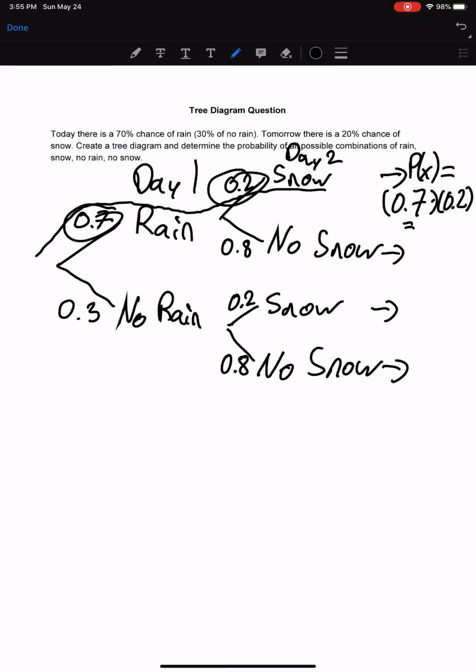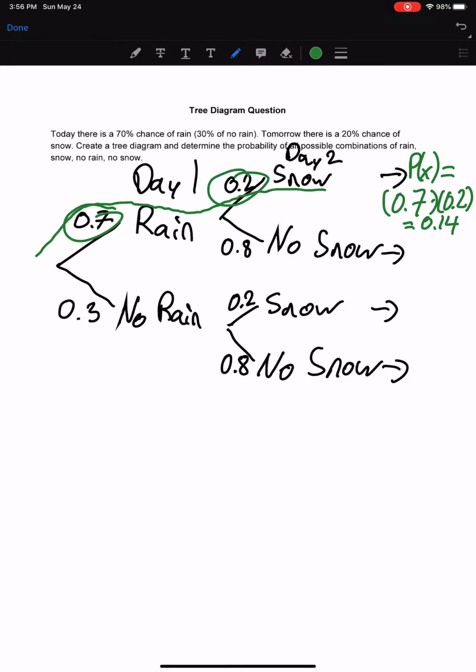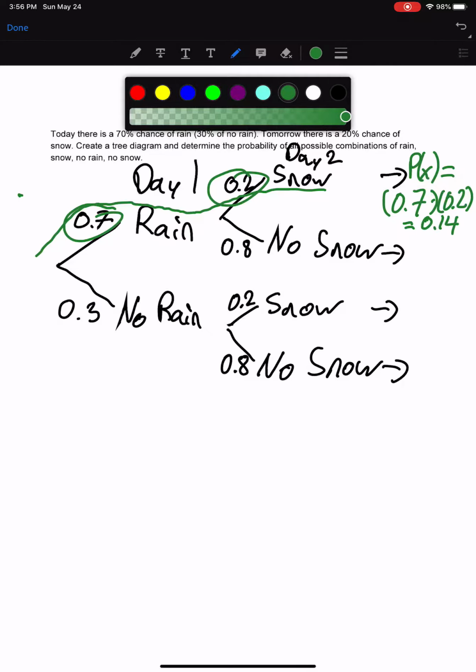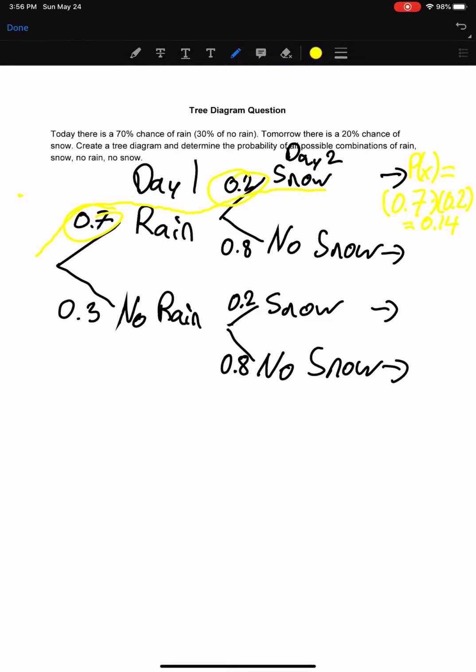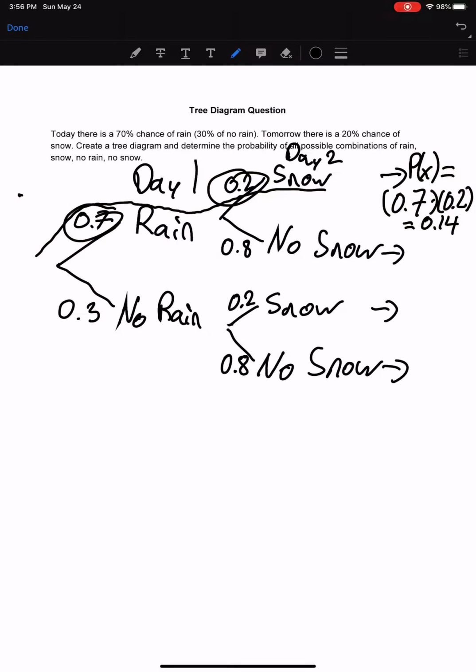All right. And the same thing goes with the next probabilities. Let's say, oh, everything just turned green. Let's see if I turn it to yellow. All right. Just turn it back to black. If we want to go from rain to no snow, so that would mean day 1 it rained, day 2 it did not snow.